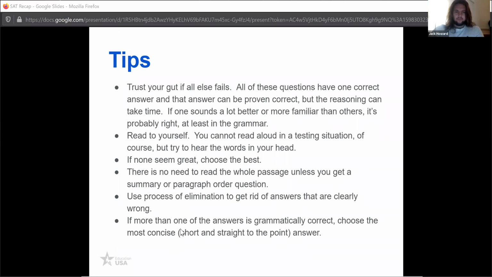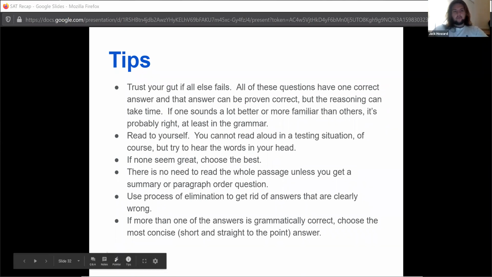There's no need to read the whole passage closely if you don't get a summary or paragraph order question. I would recommend making sure that you go through the whole thing, but it is not the evidence-based reading passage where having an understanding of the entire passage is important.